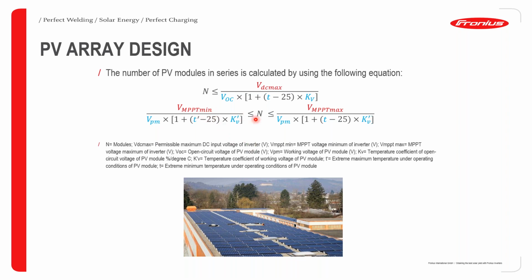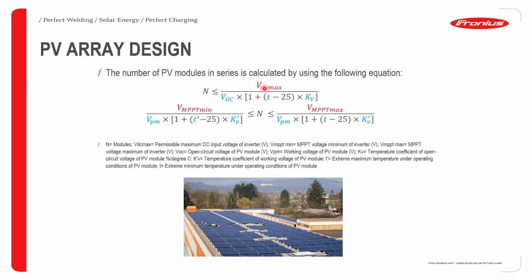So as you can see from the formula here, it has to be less than or equal to the division of the VDC max and VOC multiplied by the relation between the temperature and temperature coefficient. So basically, we can have the descriptions of all the notations in the formula all listed here. So all you need to do is to plug in the respective values.